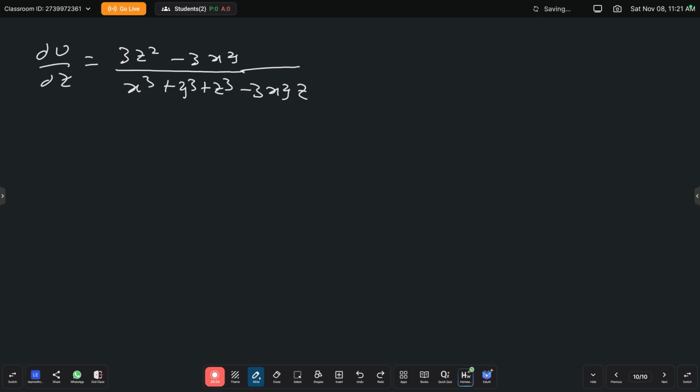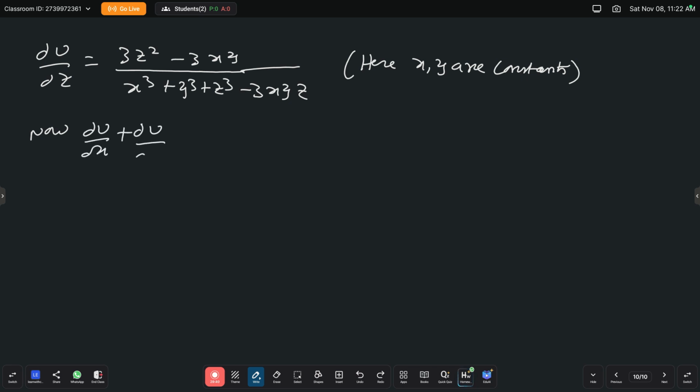So here x comma y are constants. Here x, y are constants. So now adding the both, ∂u/∂x plus ∂u/∂y plus ∂u/∂z equals, the denominator is the same.